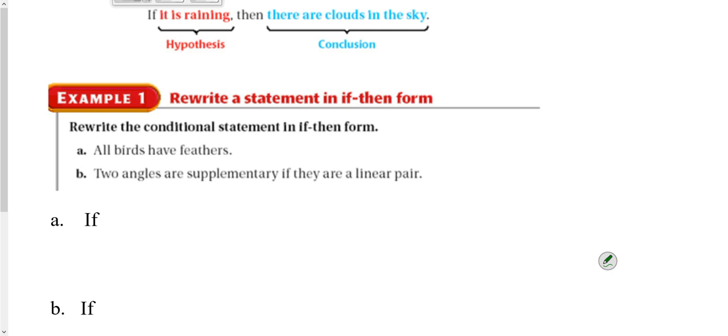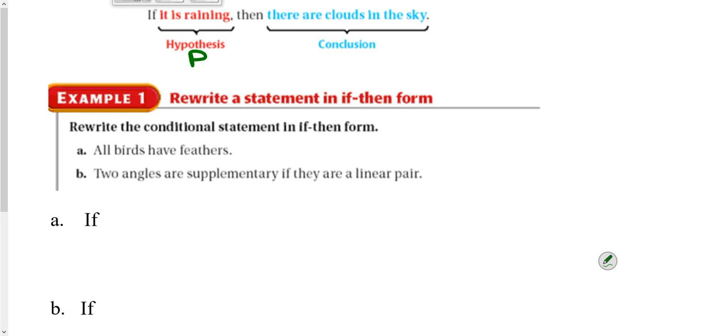So in this example, looking at the top, if it is raining, that's my hypothesis. That's my P statement. So if it is raining is P, then there are clouds in the sky.